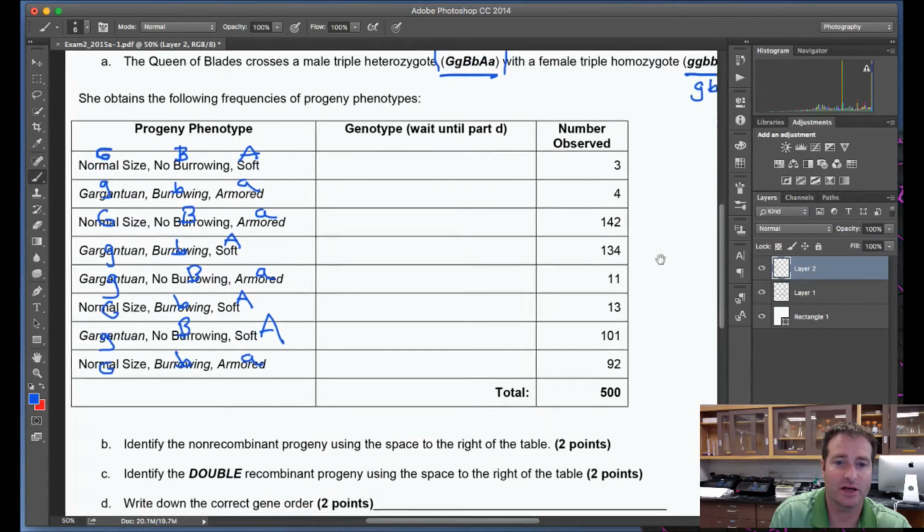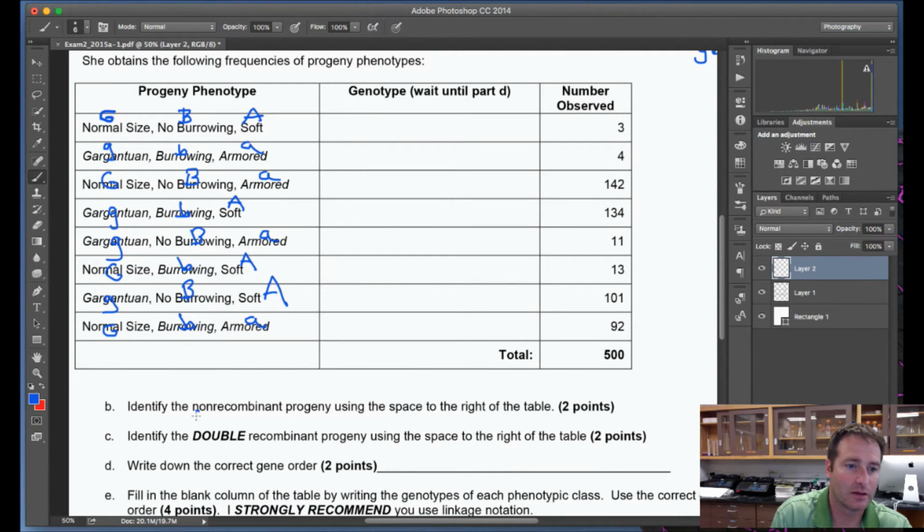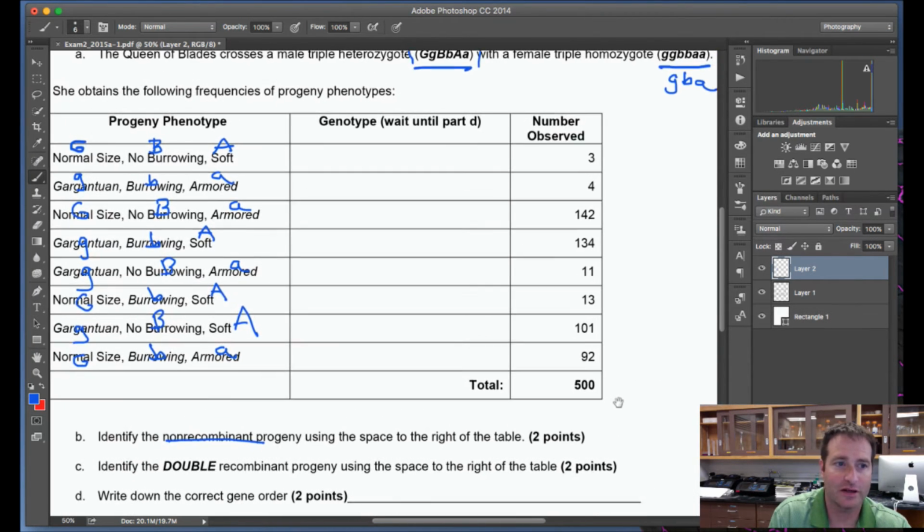Alright, so let's jump down. Identify the non-recombinant progeny using the space to the right of the table. Now, here's the first thing that you absolutely must remember when you're doing a 3-point cross. Non-recombinant progeny are the most common type. They predominate. So what you need to do is go, okay, which are the most common among all of these, right?